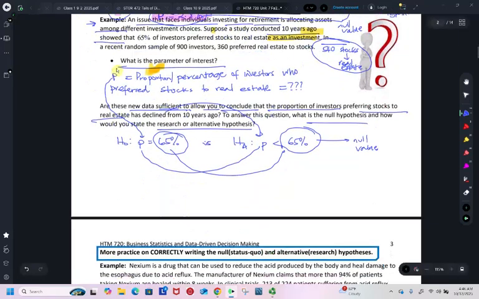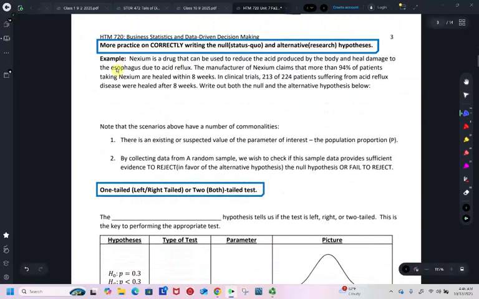Let us take yet another example. Nexium is a drug that can be used to reduce the acid produced by the body and heal damage to the esophagus due to acid reflux. The manufacturer of Nexium claims that more than 94% of patients taking Nexium are healed within 8 weeks.